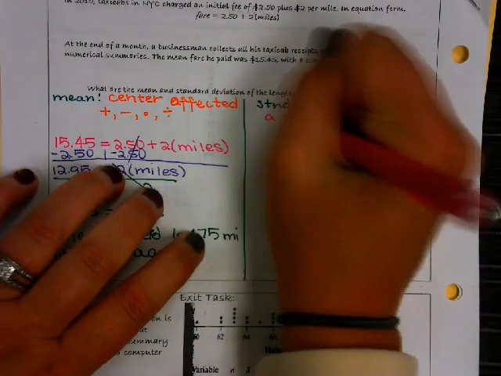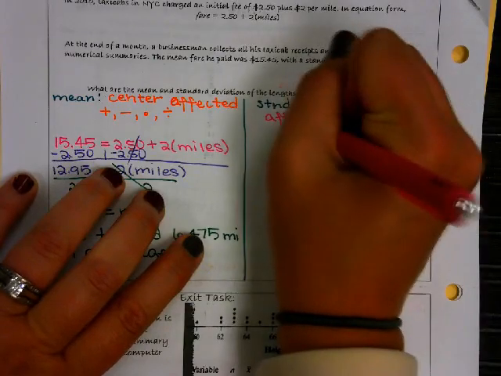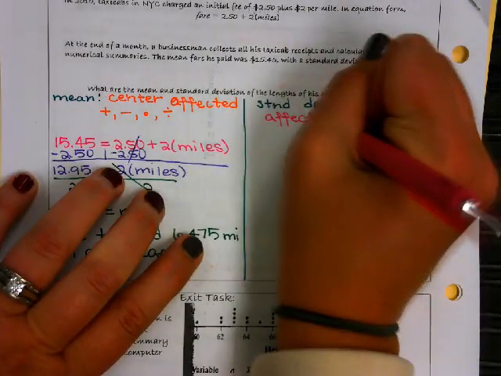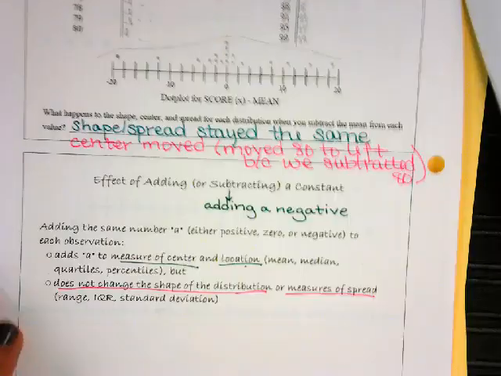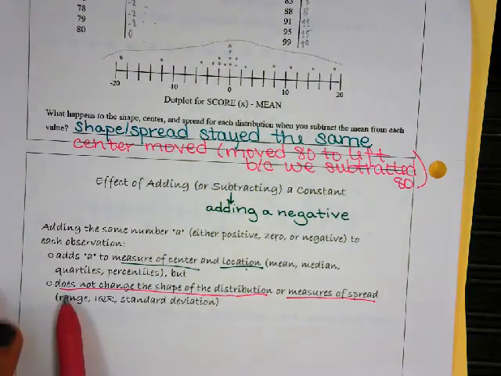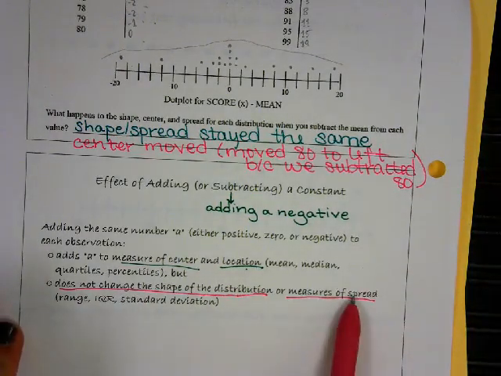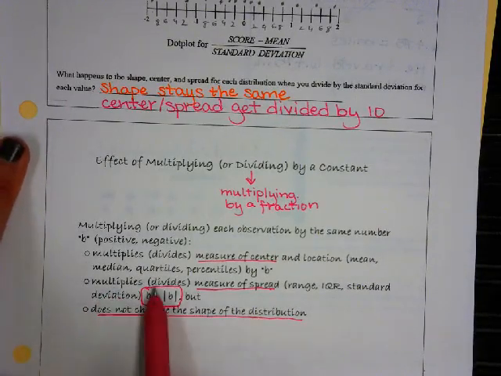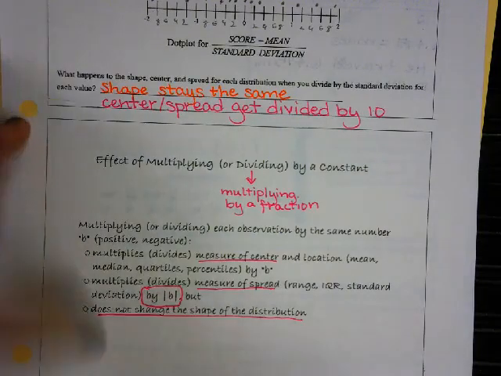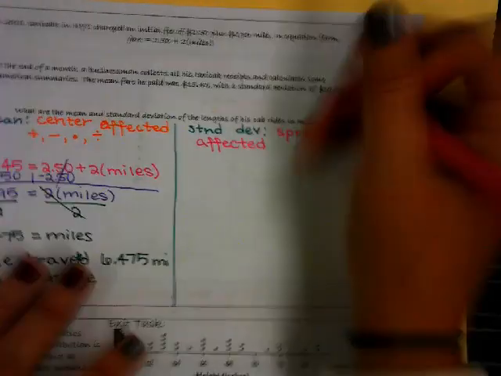If we look back, our measures of spread, when we add or subtract a number, it does not change the measure of spread. But when we multiply or divide, our measure of spread gets multiplied or divided by the absolute value of that number. So this one only gets affected by multiplying and dividing, not the adding and subtracting.